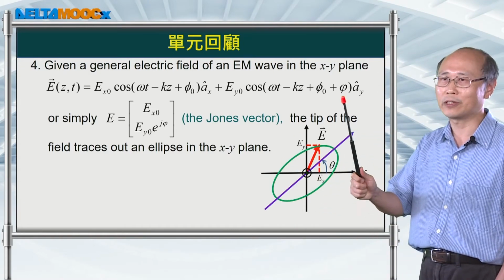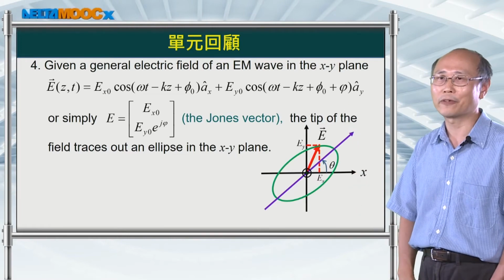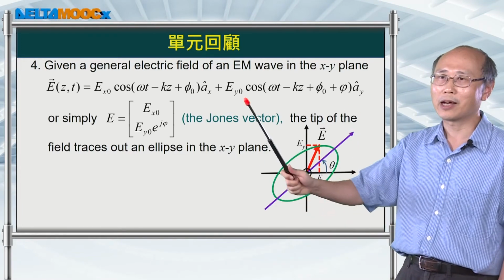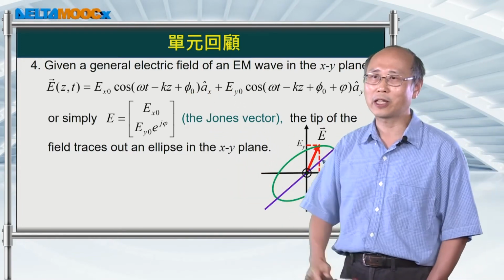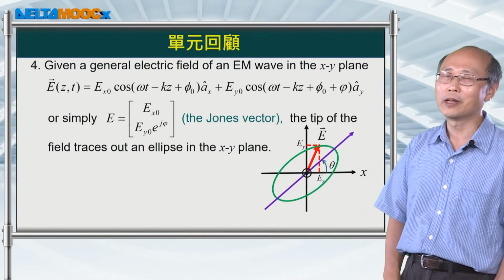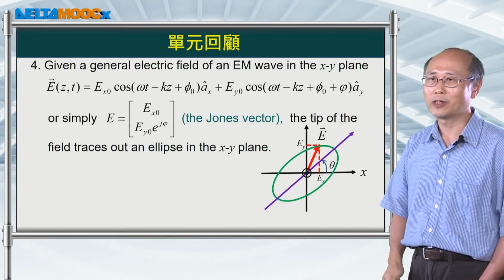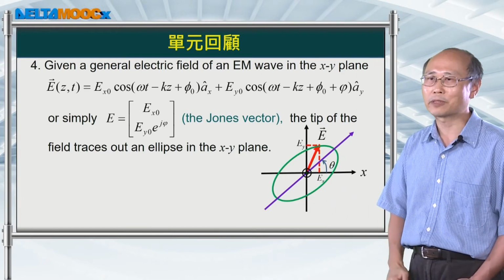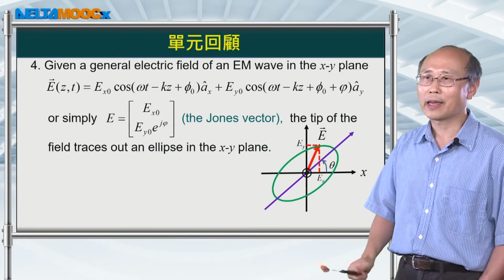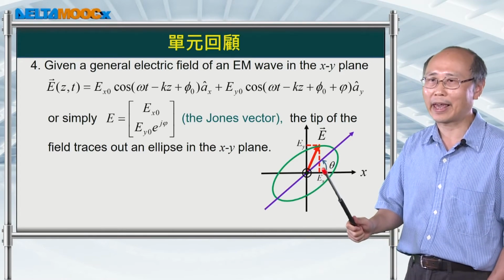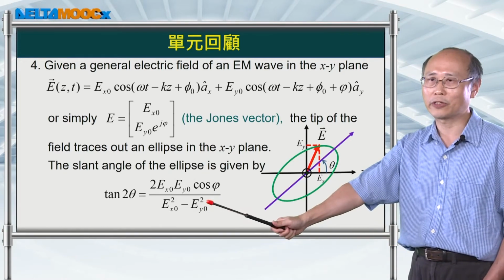The phase difference here we denote with phi. And we found that this expression in fact tells you the tip of the electric field of this wave will trace out an ellipse on the xy plane. And this ellipse has a slant angle equal to this expression.